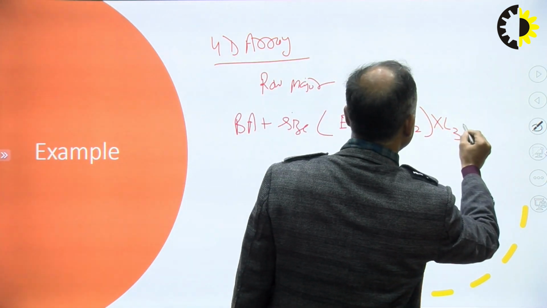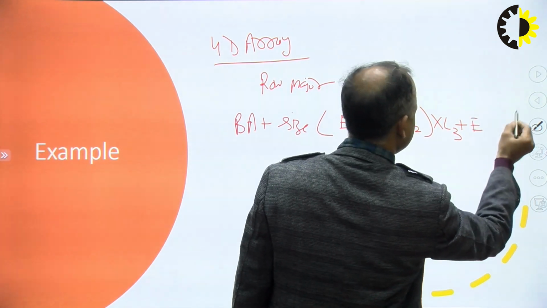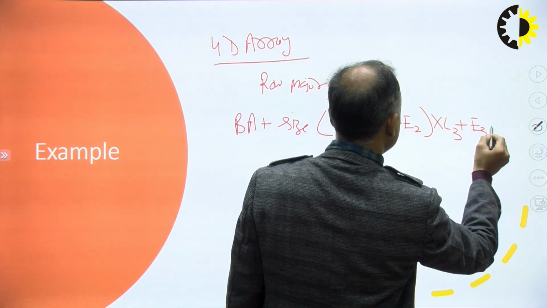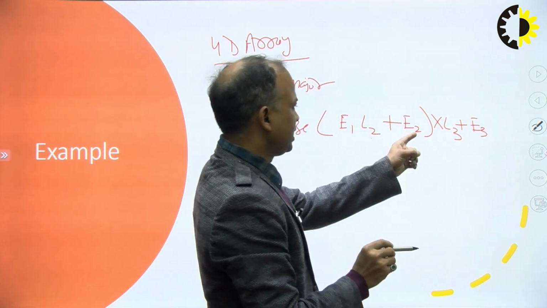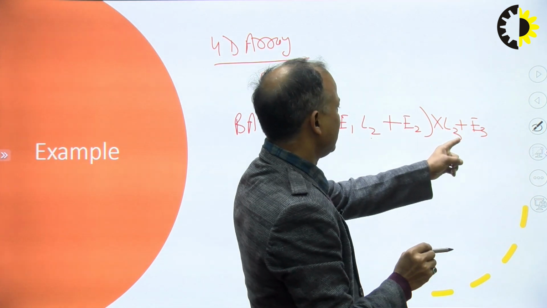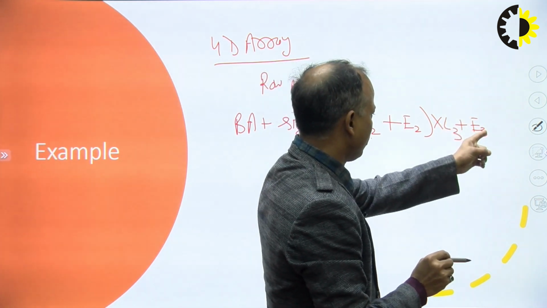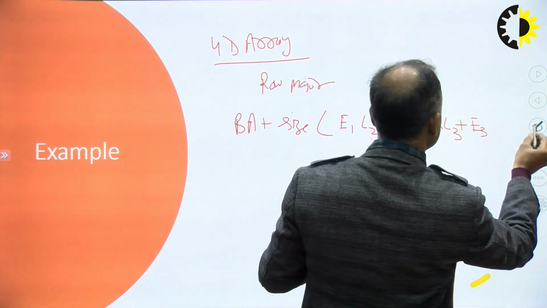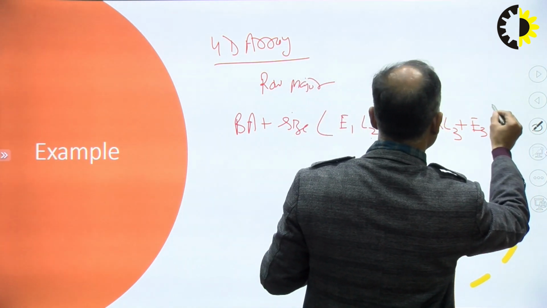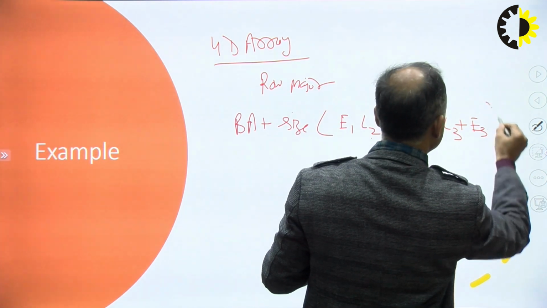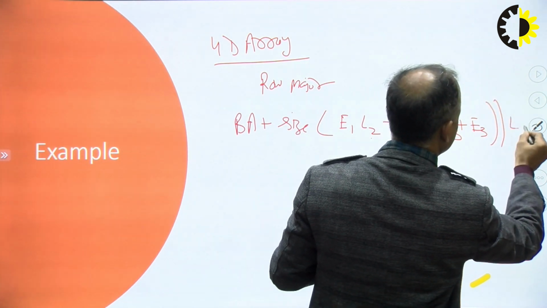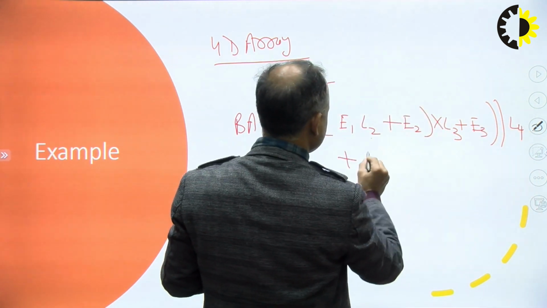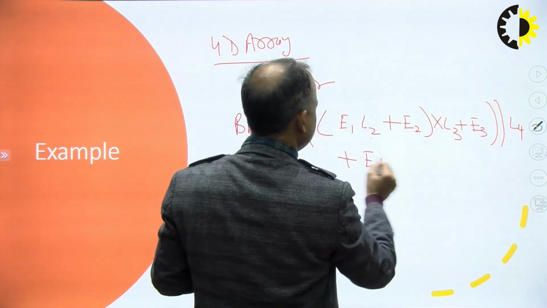Now plus E3, E1 L2 plus E2 multiplied by L3, and now plus E3, this whole multiplied by L4, and in the last we are writing E4.